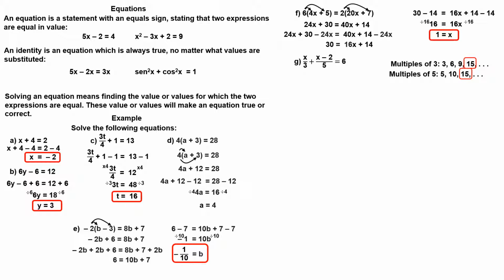Therefore, multiply both sides of the equation by 15, every term by 15. Each denominator will divide into its multiple. We will have an equation without fractions.